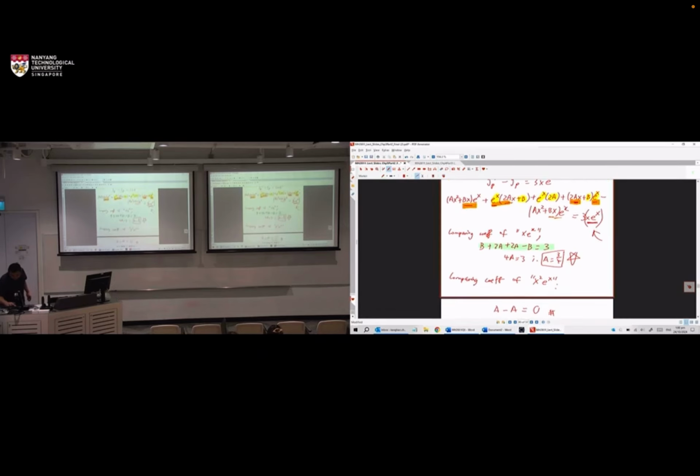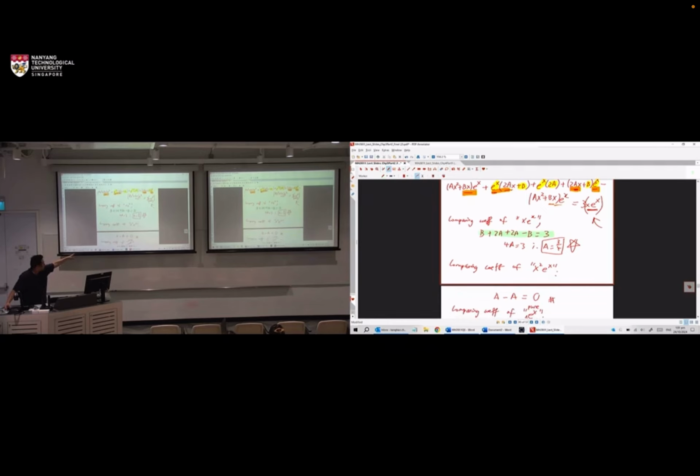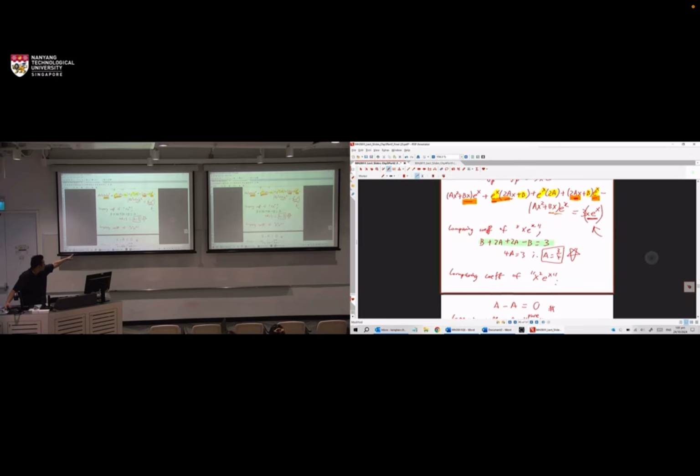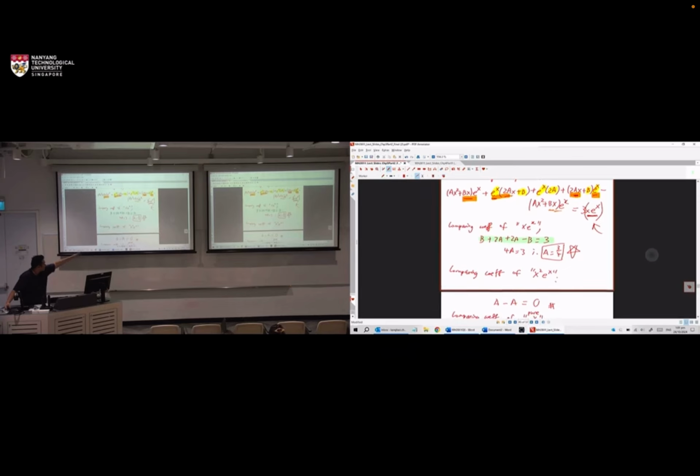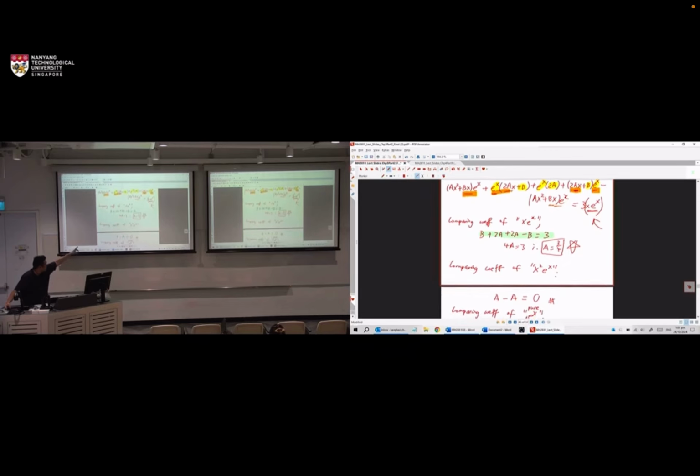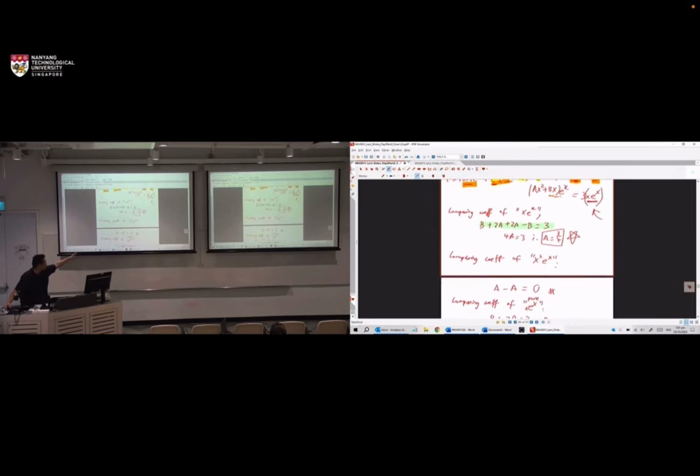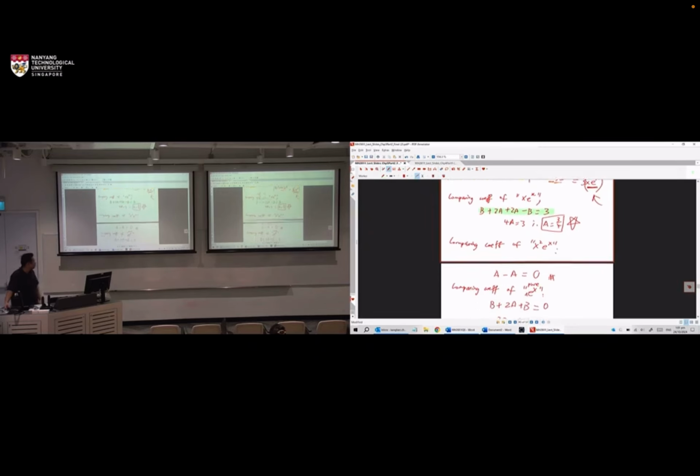So if you are using x squared e^x, you scan through the whole left hand side. For x squared e^x, you are left with A minus A, and the right hand side has no x squared e^x, so the coefficient is 0. So A minus A equal to 0.